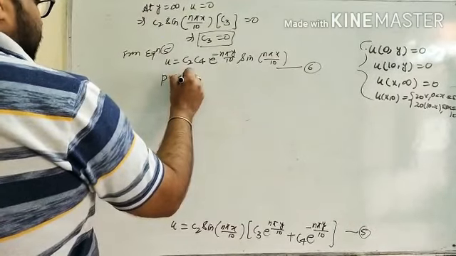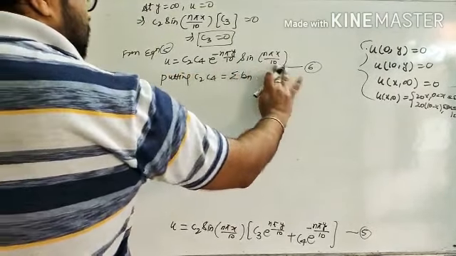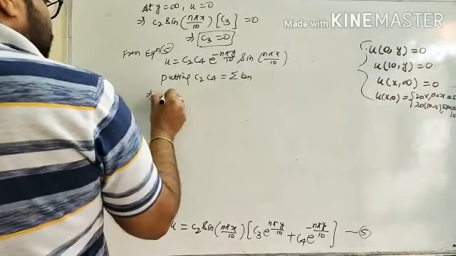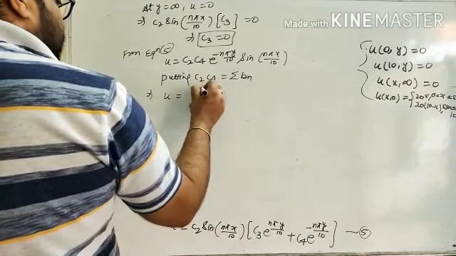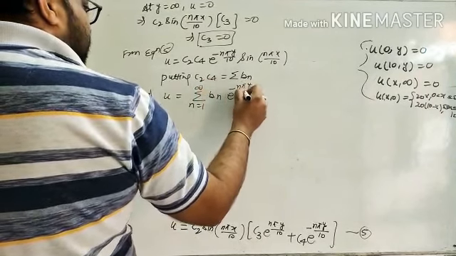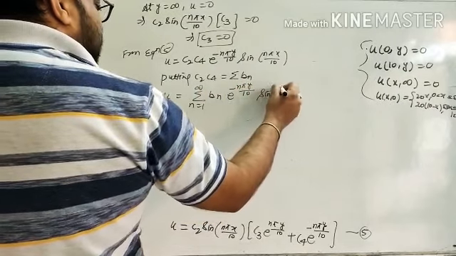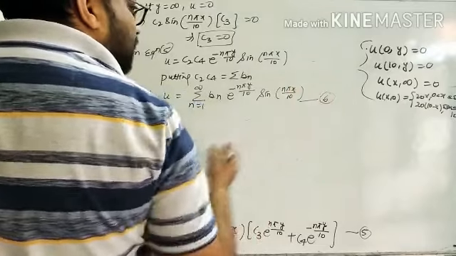Putting C2 C4 equal to sigma b. So u is equal to sigma n equals 1 to infinity bn e raised to power minus n pi y upon 10 sin n pi x upon 10. So this is equation number 6.